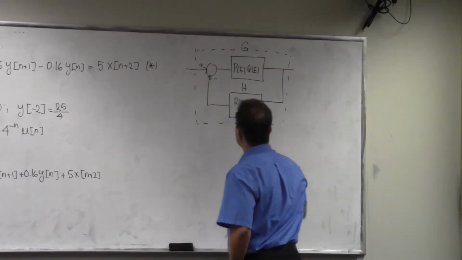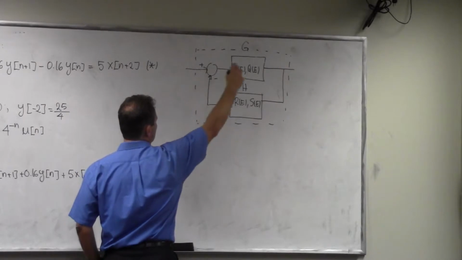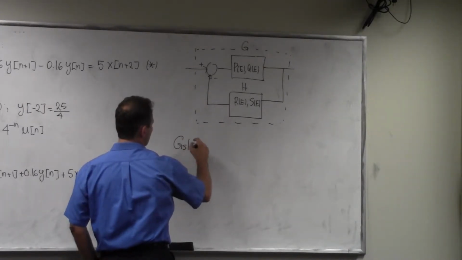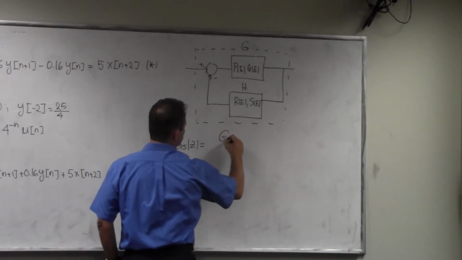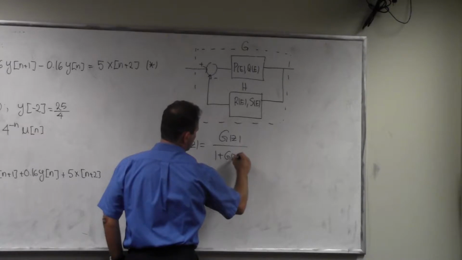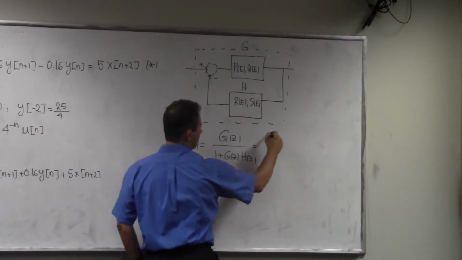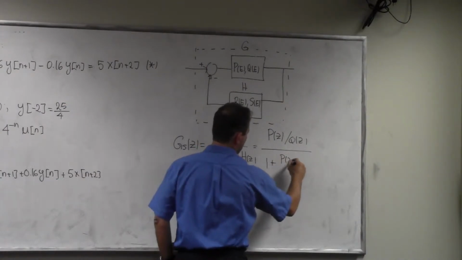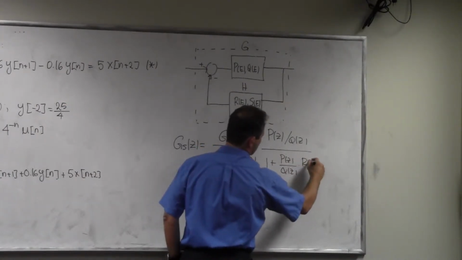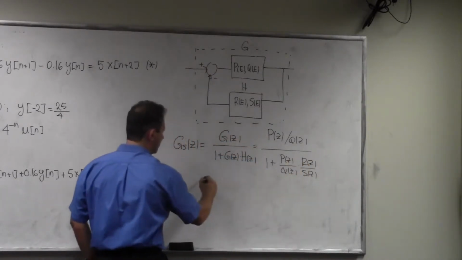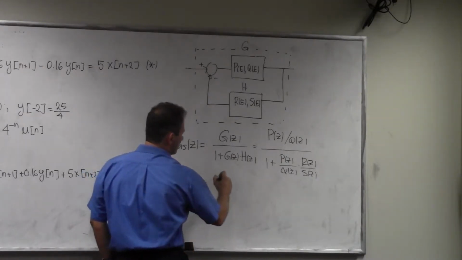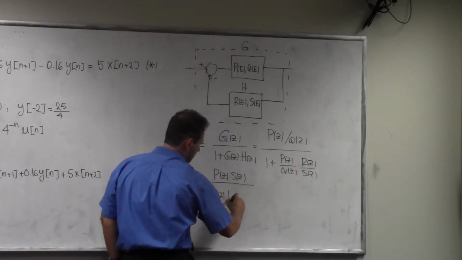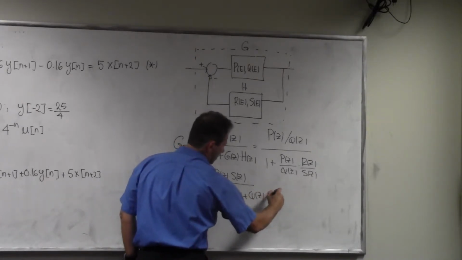So in basic control theory, you learn that the overall output of this, let me call this G_S of Z, is going to be G of Z over 1 plus G of Z times H of Z. In other words, when you put the polynomials, this is P of Z over Q of Z over 1 plus P of Z over Q of Z times R of Z over S of Z. Right, and when you multiply this by Q of Z S of Z, this becomes P of Z times S of Z over P of Z times R of Z plus Q of Z times S of Z, right?